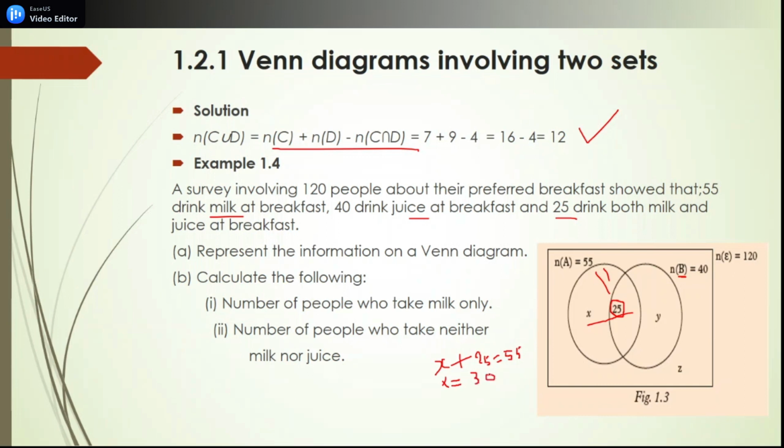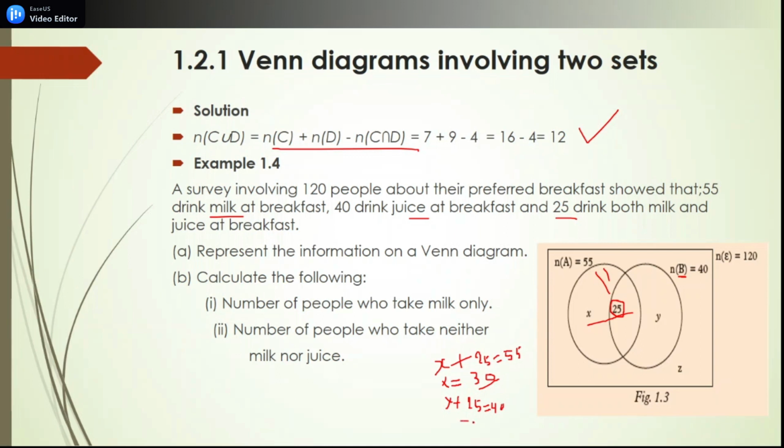This means the number of people who drink milk only is equal to 30. By considering Y, the people who drink only juice, you have Y plus 25 equals 40.